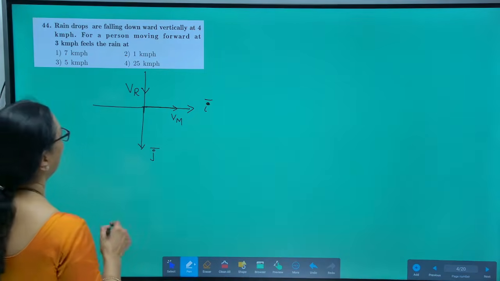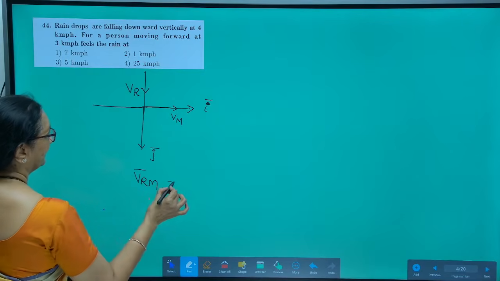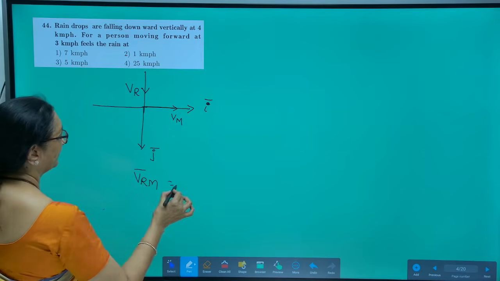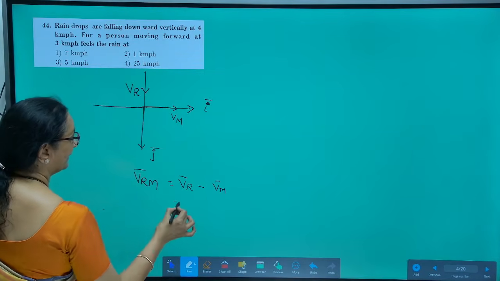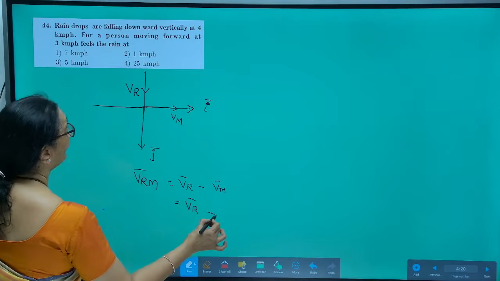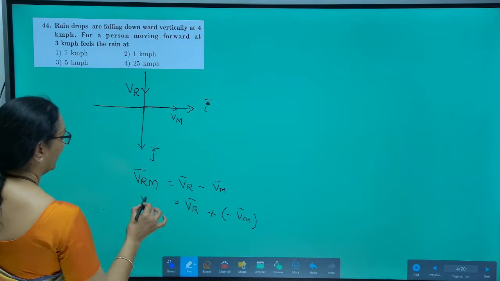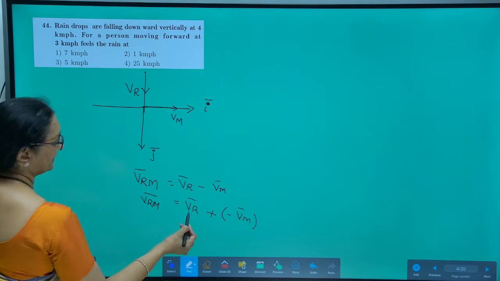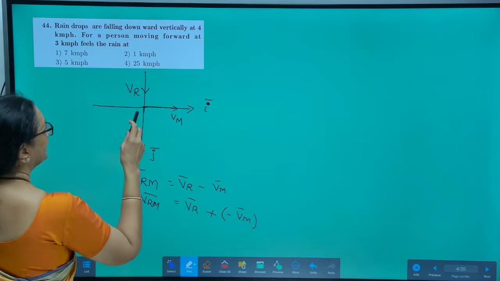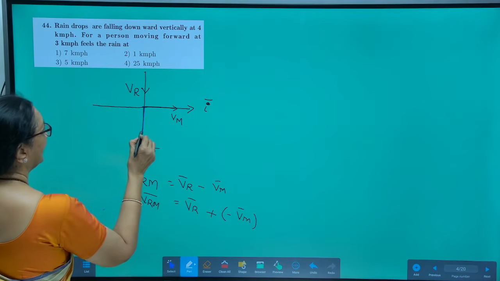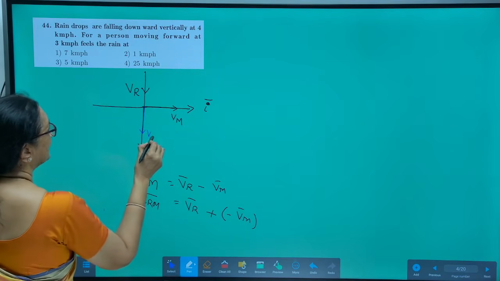Now, from the concept, the relative velocity of rain with respect to man is VR bar minus VM bar. So, VRM is the resultant of VR and minus VM. VM is in this direction. Look, if you take the vectors coming out of the origin, this represents VR.